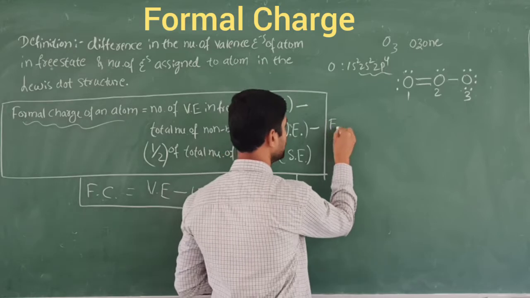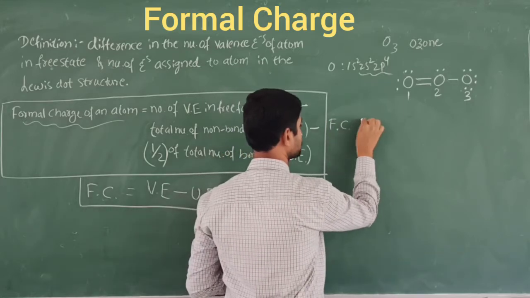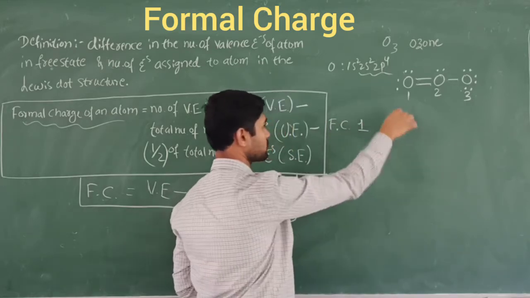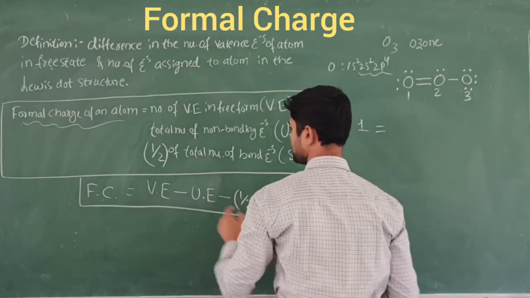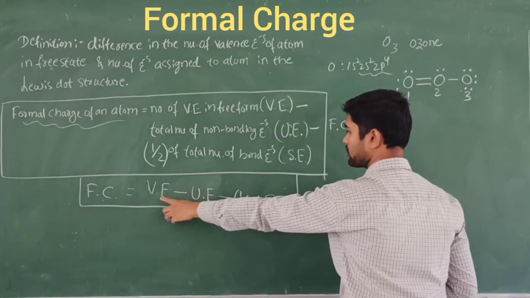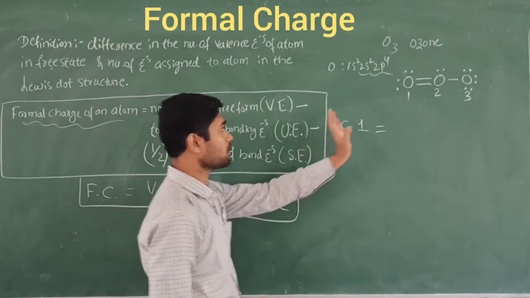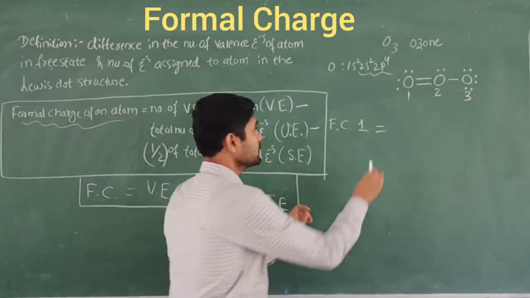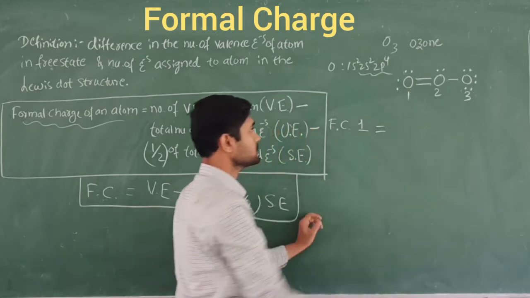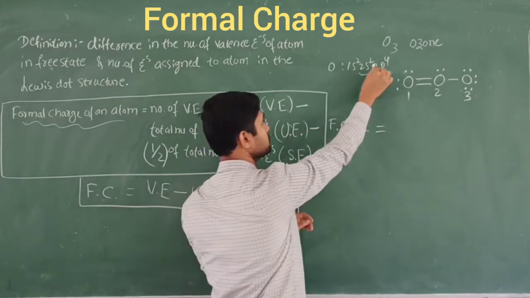First I am going to take the formal charge of the first oxygen atom according to the formula. Find the total number of valence electrons. Here we should not count all the oxygens, only this oxygen, which contains a maximum of 6.